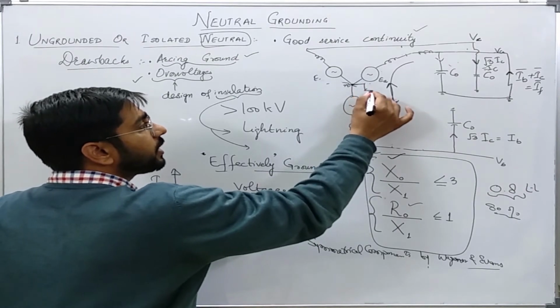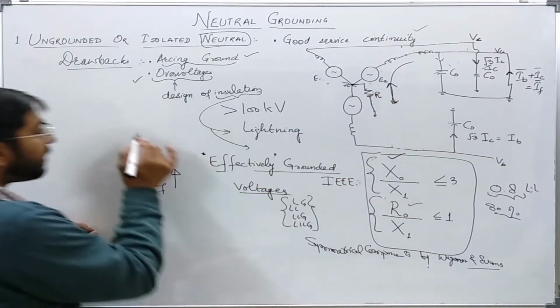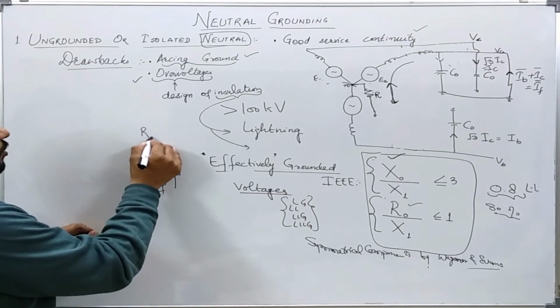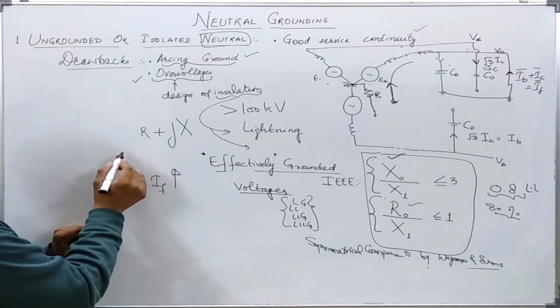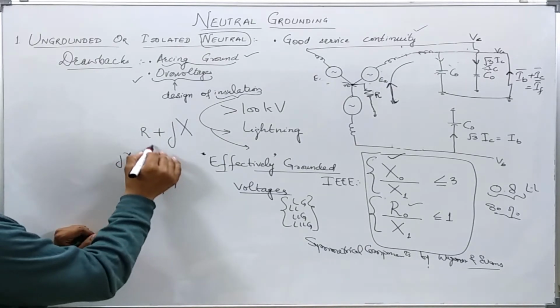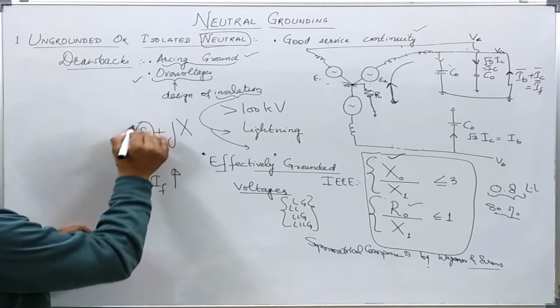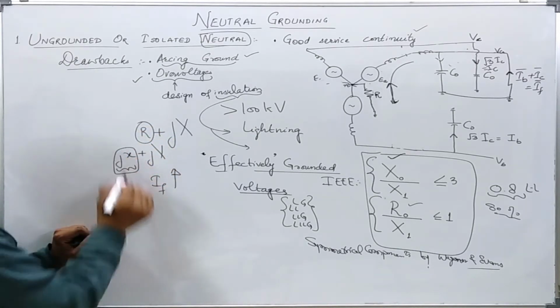So you see, if I add R into a purely reactive system as compared to addition of X in a purely reactive system, its effect will be lesser as compared to the effect of addition of this reactance.